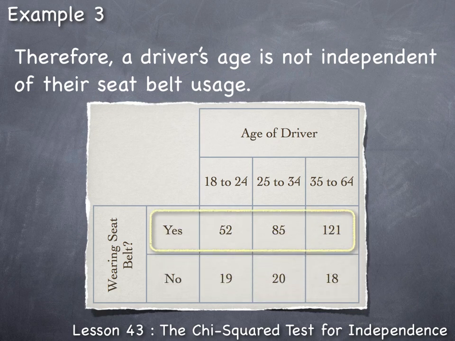Whereas, of the drivers who were wearing their seatbelt, the observed frequency distribution across driver age increases. That is, proportionally speaking, we could say that the proportion of the younger drivers, 18 to 24-year-olds, that were wearing their seatbelt was lower, and the proportion of older drivers, aged 35 to 64, that were wearing their seatbelt is higher.